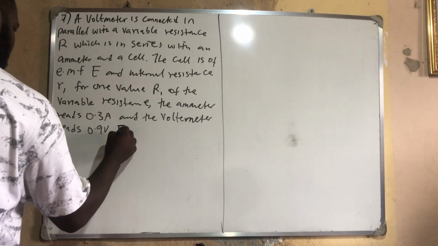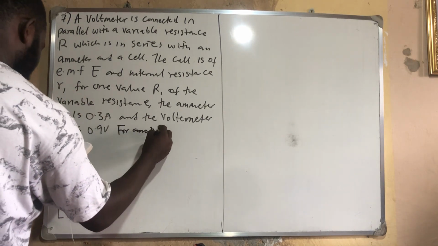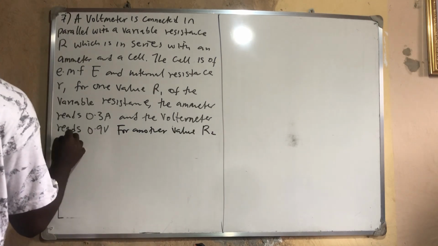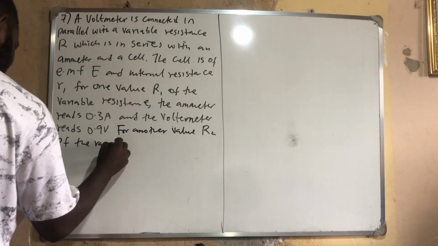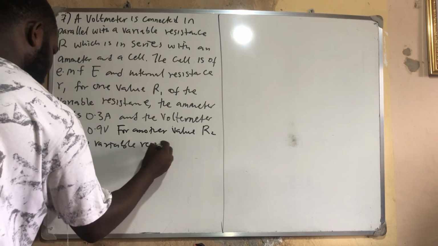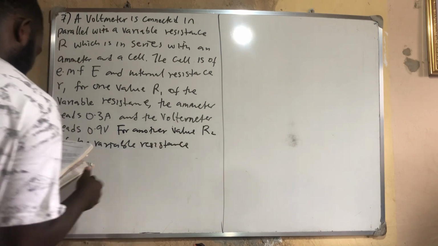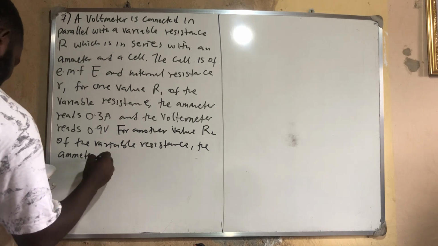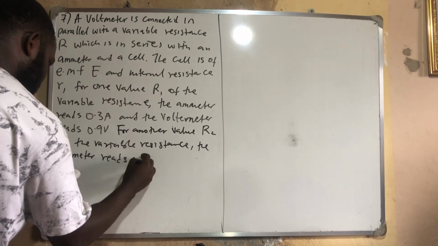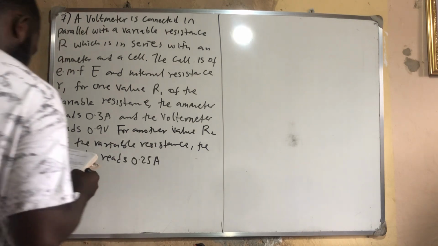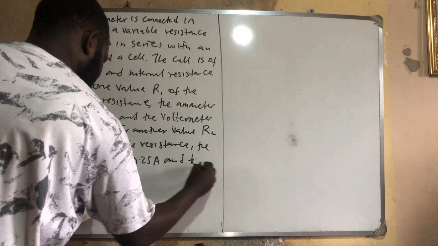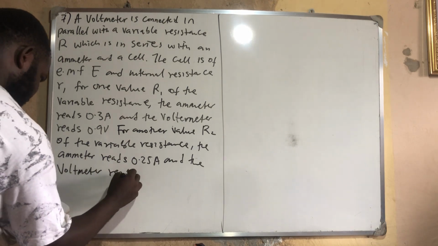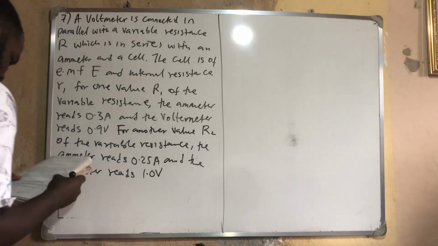And for another value R2 of the variable resistance, the ammeter reads 0.25 ampere and the voltmeter reads 1.0 volts.